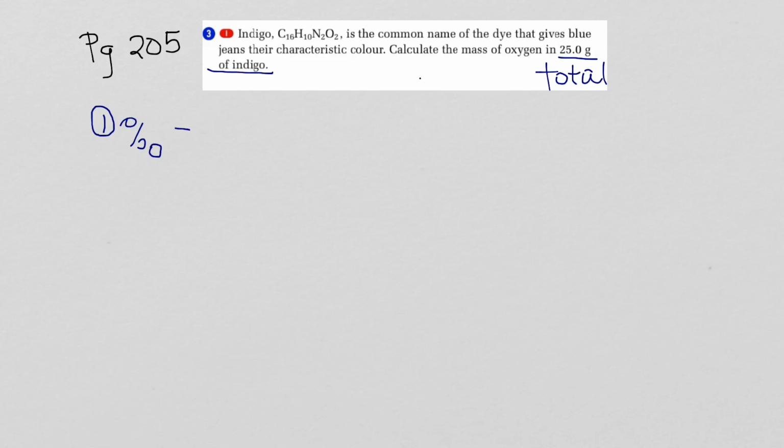So let's use percent of oxygen. They gave us a chemical formula, so that means that we can use molar mass. If they gave you a formula, then you can use molar mass to figure out the percent, to calculate percent oxygen.